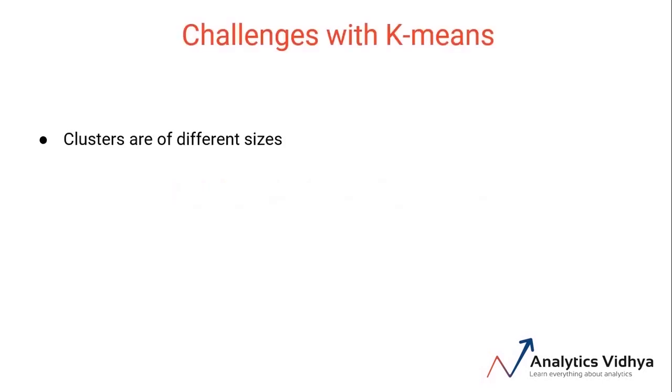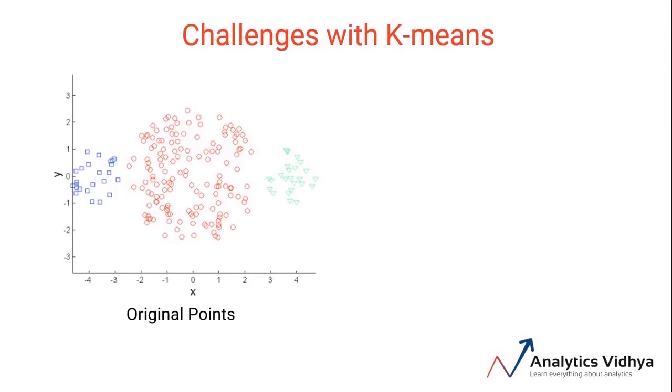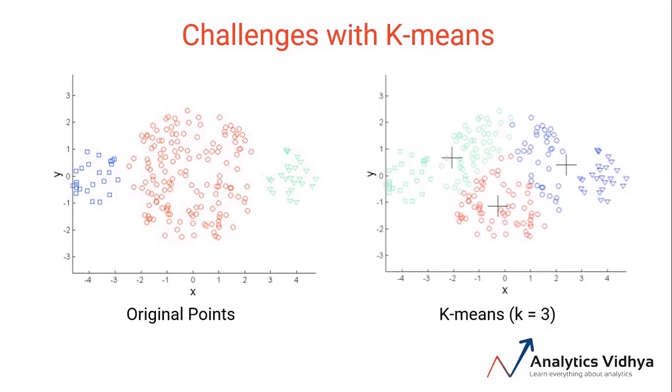One of the most common challenges which we face is when the size of clusters is different. Let's say we have points like this. If you look here, the left and the right clusters are of small size, whereas the central cluster has a much bigger size. Now, if you apply k-means on these points, the results will be something like this.